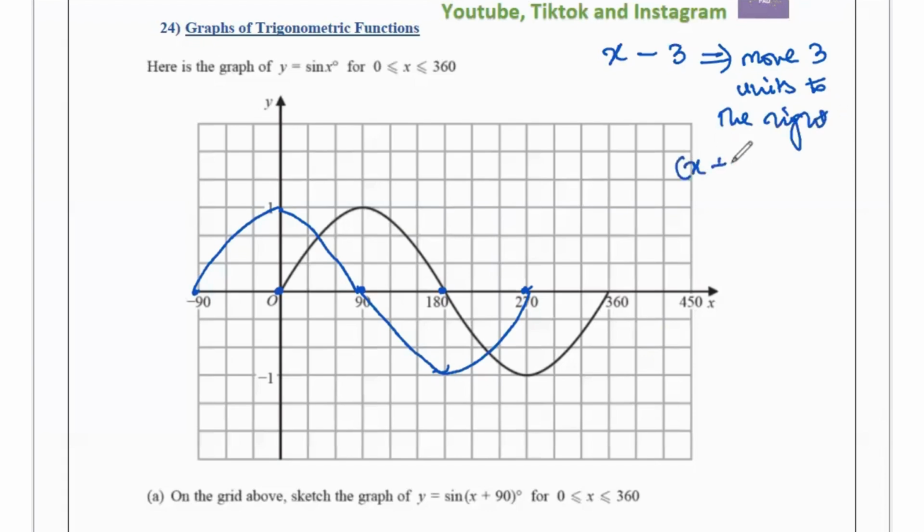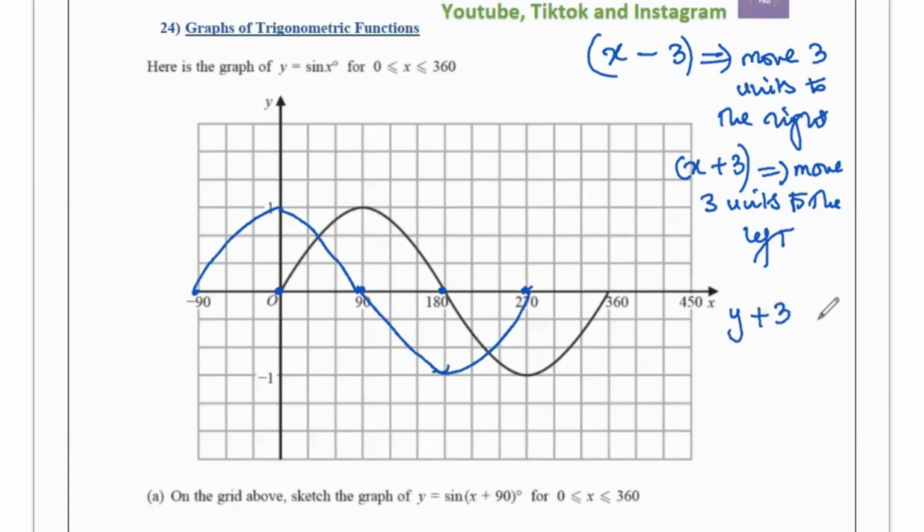If it's x plus 3, move 3 units to the left. And for y, it's the same. If it's y plus 3, you move 3 units up. And y minus 3 is move 3 units down.